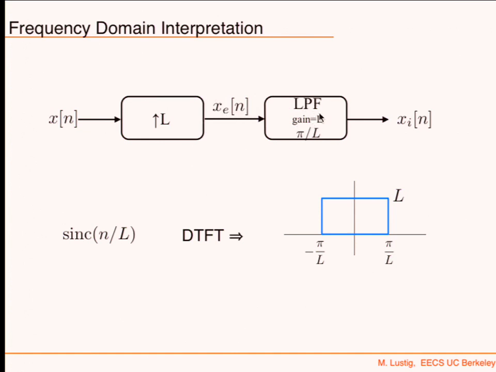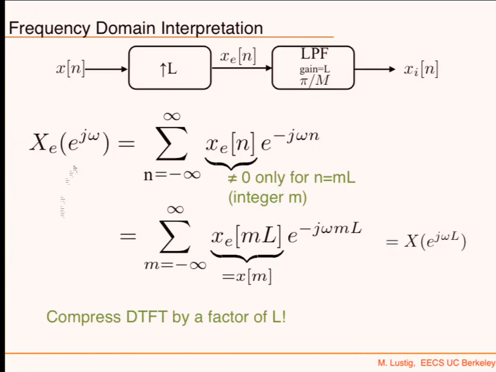Then I'm going to do a low-pass filter, and I'm going to put a gain of L to go back, because this doesn't actually give me this gain. And then I'm going to filter it by pi over L. And I'm going to get x sub I. So the sinc of n over L will give you, if you look at the DTFT, it will have a gain of L, just because it's not scaled. Okay.